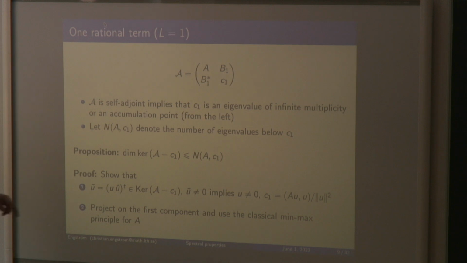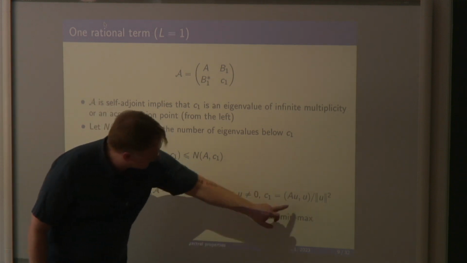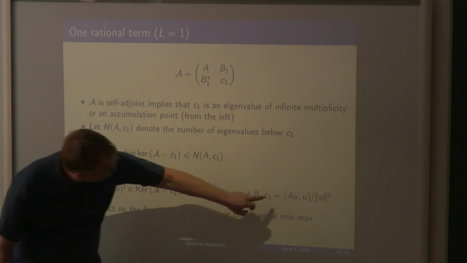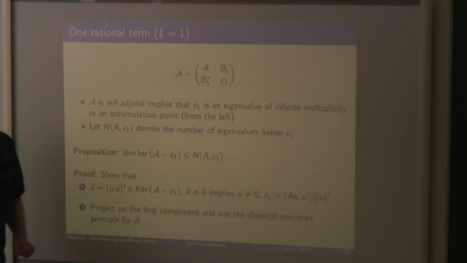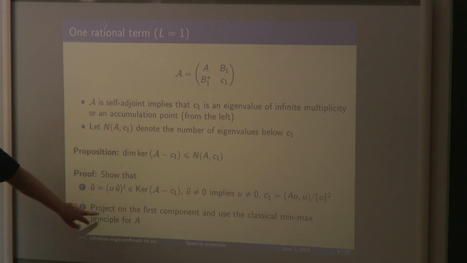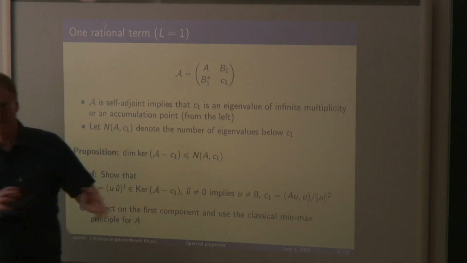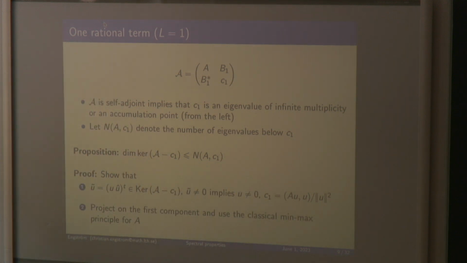We also get that C1 must look like this, where we have the inner product A u, u. And this looks very much like what we have for a min-max principle, and that is actually exactly what is used. So in the second step, we use the min-max principle for the first component of this. We do some projection and use this, and then you can get the bound, roughly like that.